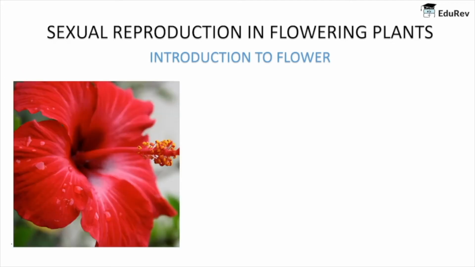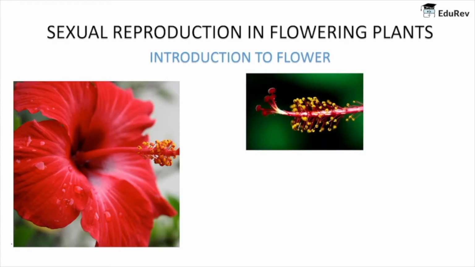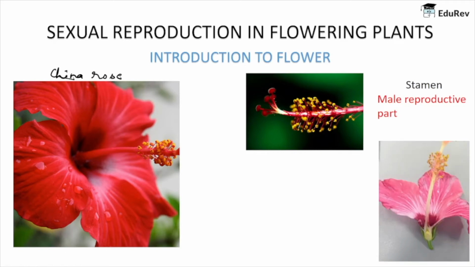So in the flower, the stamen is called the male reproductive part. This is the flower, the China rose, or scientifically also called hibiscus. In this flower particularly, the stamen is called the male reproductive part, whereas the carpel is considered the female reproductive part.